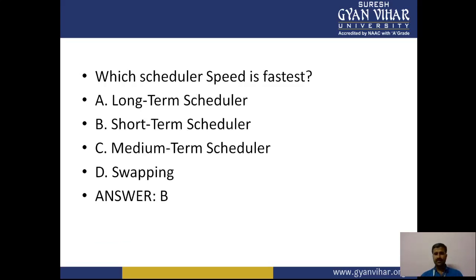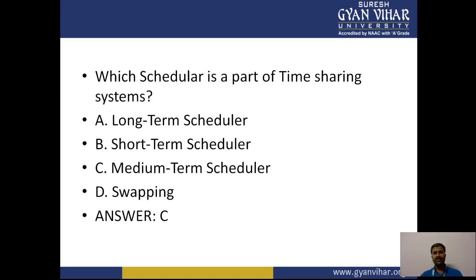Which scheduler's speed is fastest? Long-term scheduler, short-term scheduler, medium-term scheduler, or swapping. So B is the right answer, the short-term scheduler. Which scheduler is part of a time sharing system?